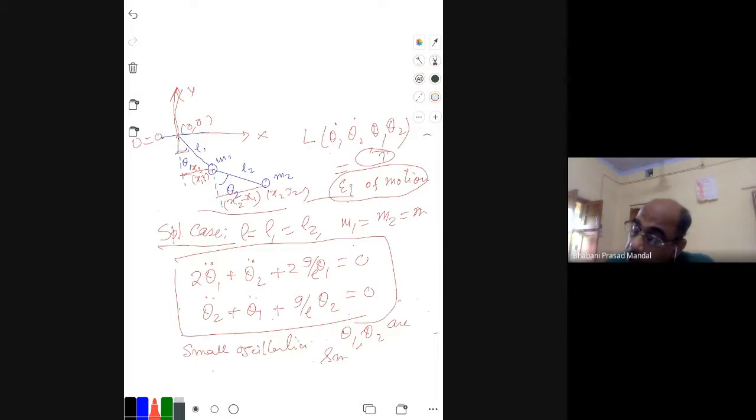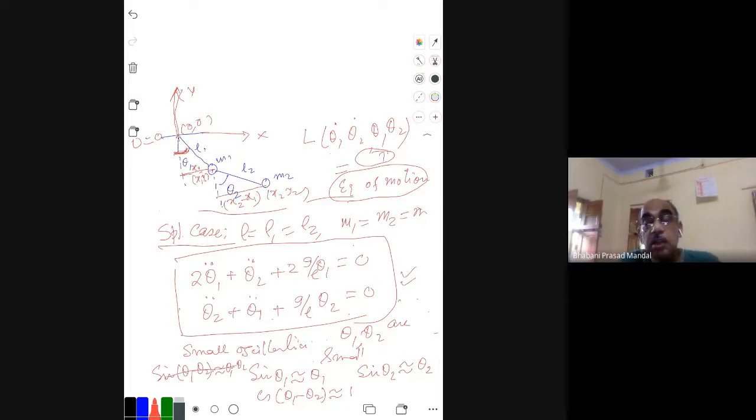That means the oscillation angle cannot be large, so that you can make this approximation: sine theta 1 is approximately theta 1, sine theta 2 is approximately theta 2, cos of theta 1 minus theta 2 will be approximately 1, and sine of theta 1 minus theta 2 will be approximately equal to theta 1 minus theta 2. I think this is not needed. With this approximation, you get this equation.